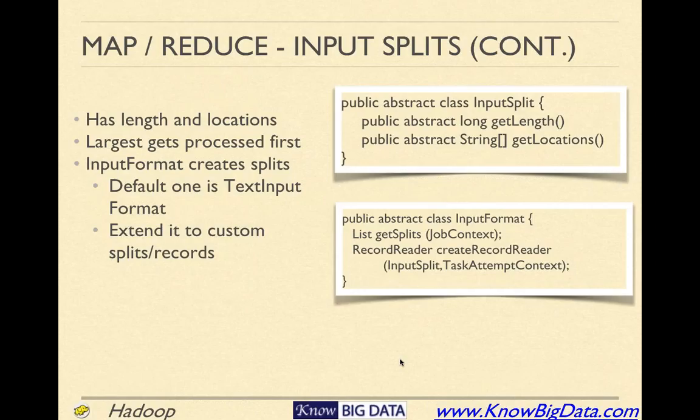Now there's another abstract class in the base classes of Hadoop which you will have to extend, which is input split. Every input split has a length, as in the size of the input split. Because it won't be fixed, it will be varying, because record definition is not something which has a fixed size.